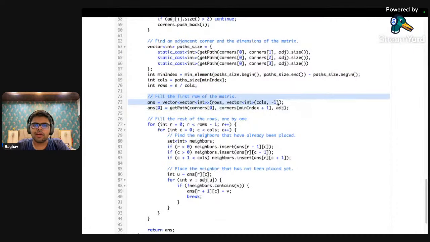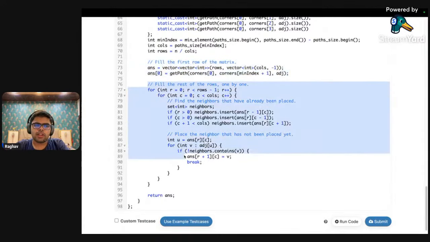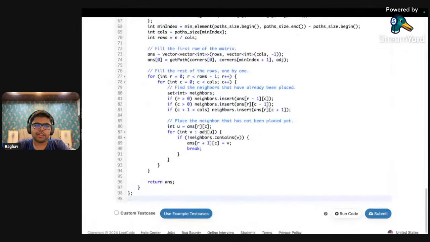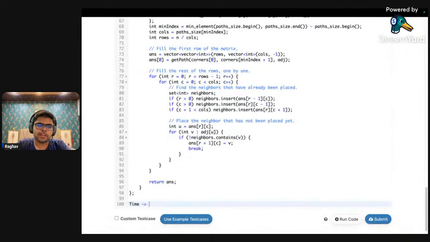This will also have somewhat big O of n plus m time complexity, and this will have big O of n time complexity again. So overall, I think we can just say that the time and space complexities will be big O of n plus m.